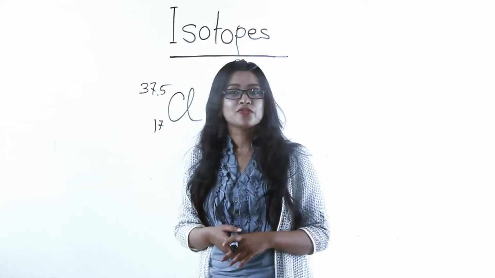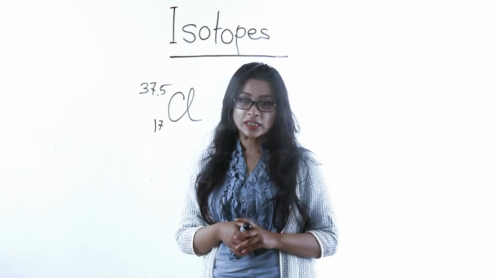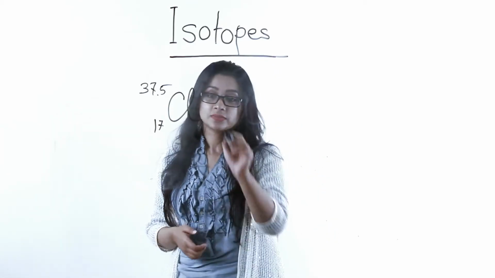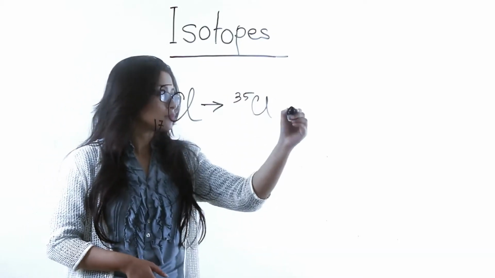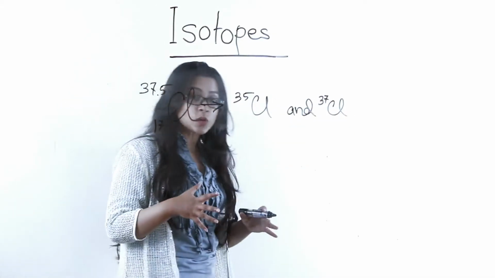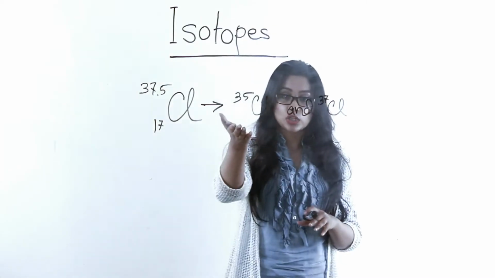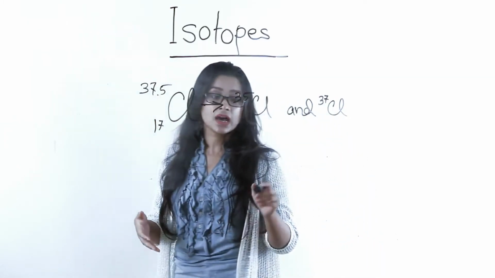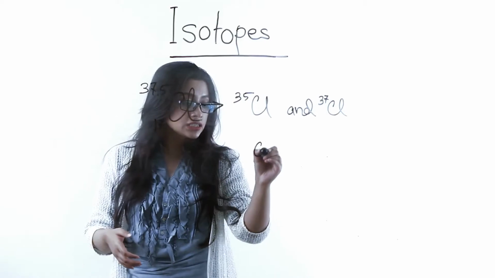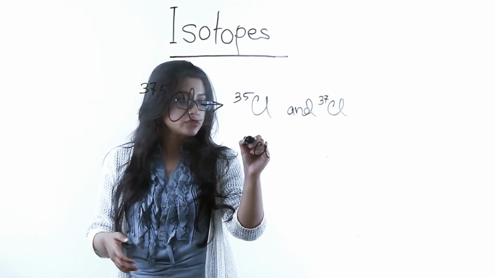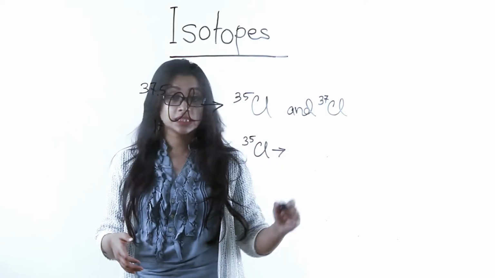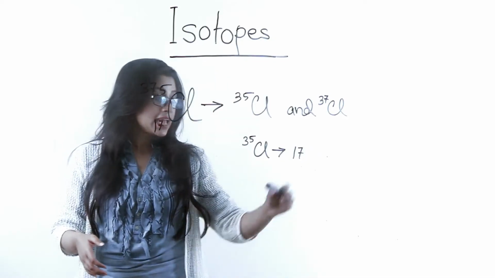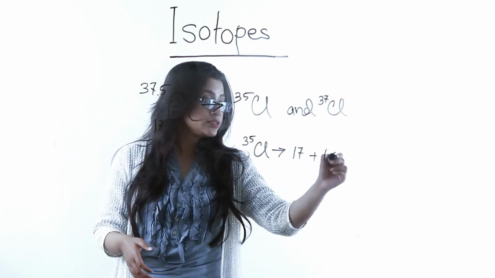See, this is the marvel of the isotopes of chlorine in here. Chlorine has 2 isotopes. The 2 isotopes of chlorine are chlorine 35 and chlorine 37. And this happens because in chlorine 35, the nucleus has 17 protons and 18 neutrons.